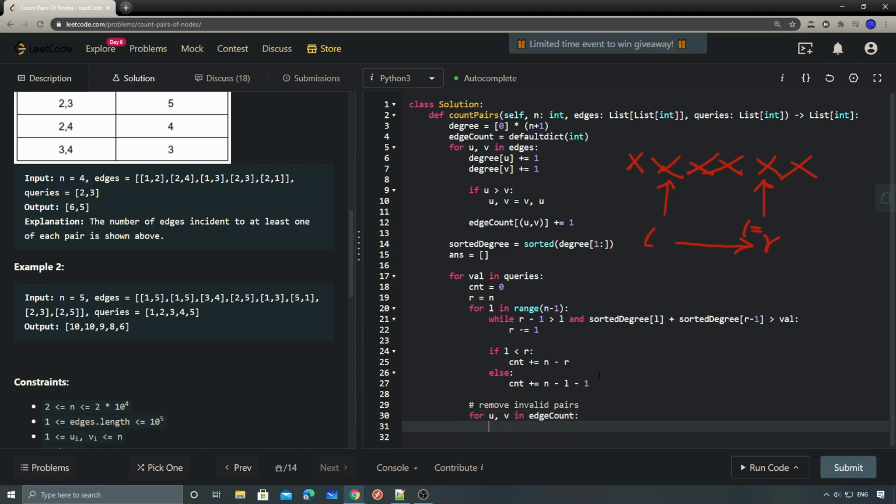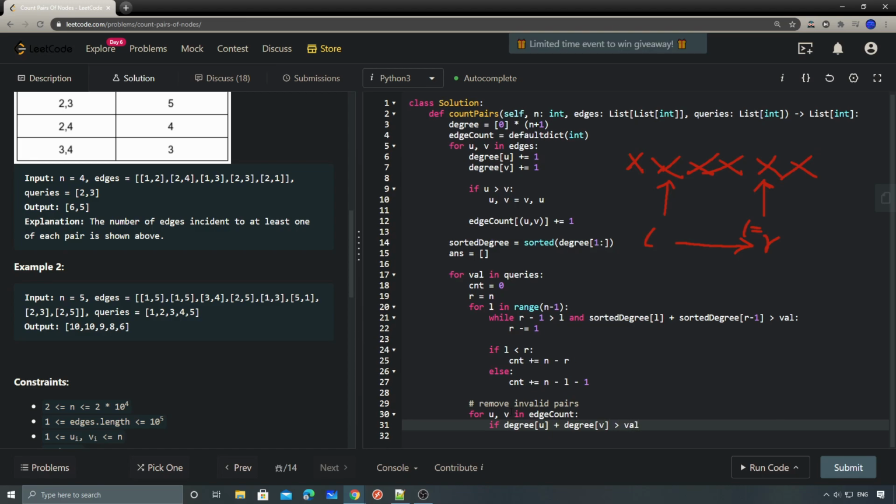The first condition is that if the degree u plus the degree v is greater than value, we check this to make sure this u and v is part of the count, because if this is smaller than value, the count will not include this pair at all.